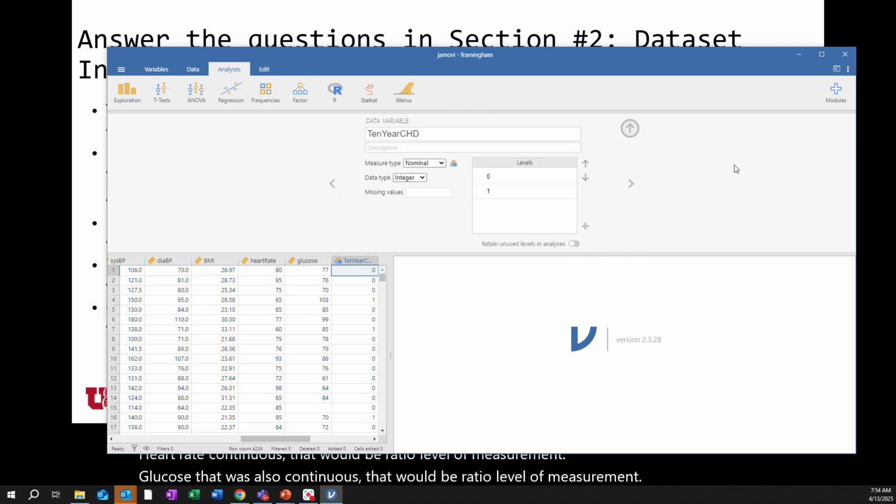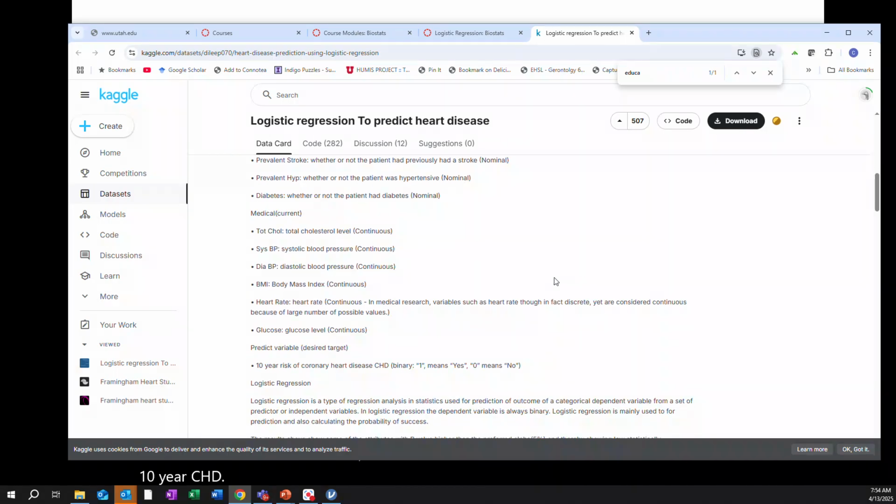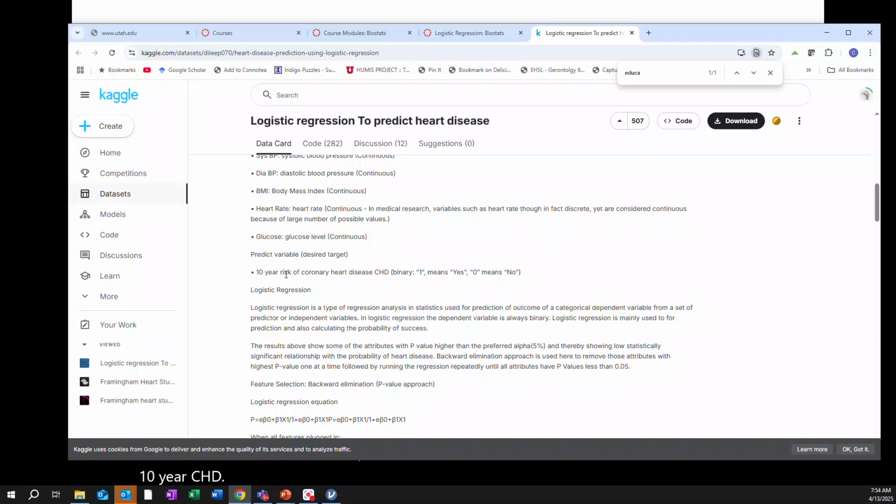10-year CHD. Okay, our outcome variable is the 10-year risk of coronary heart disease. Binary, 1 means yes, 0 means no. So I'm guessing that they got heart disease within 10 years of this measurement.